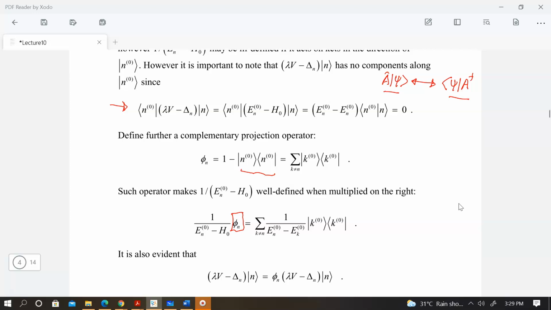But once you do this, remember, there's an operator here, and this is also an operator, which is a complementary projection operator. Now I can write this complementary projection operator in terms of your unperturbed eigenstates.